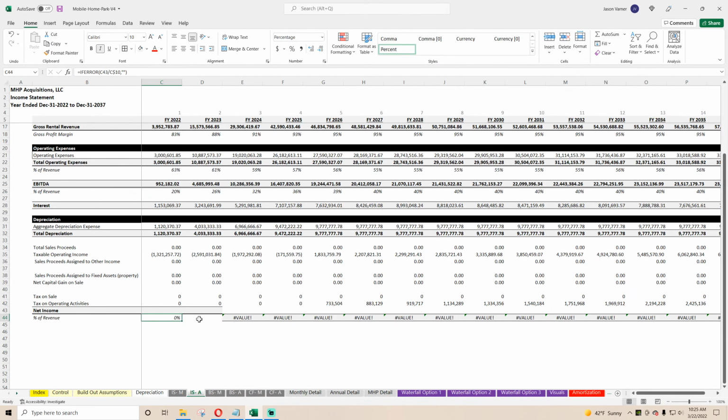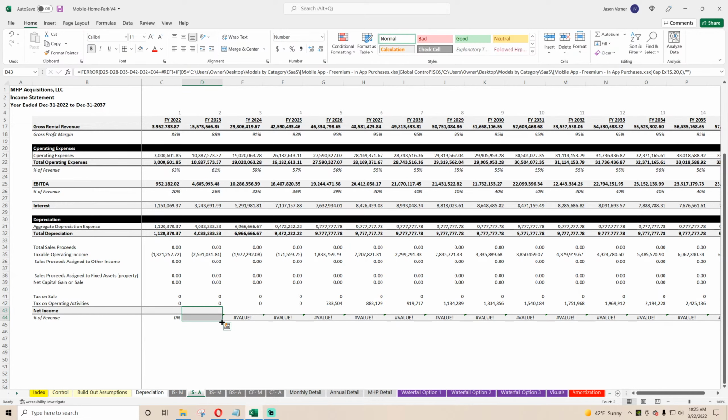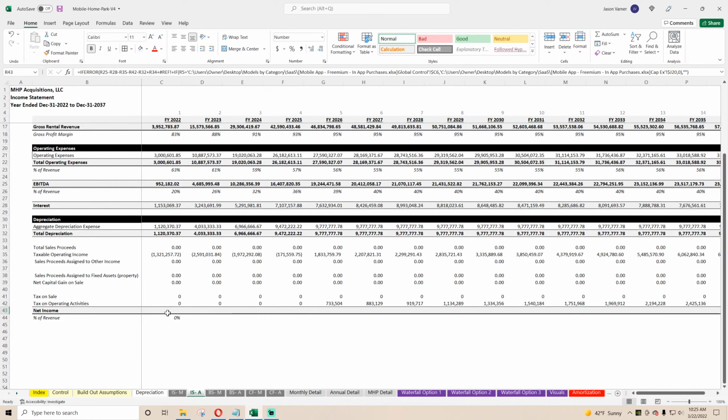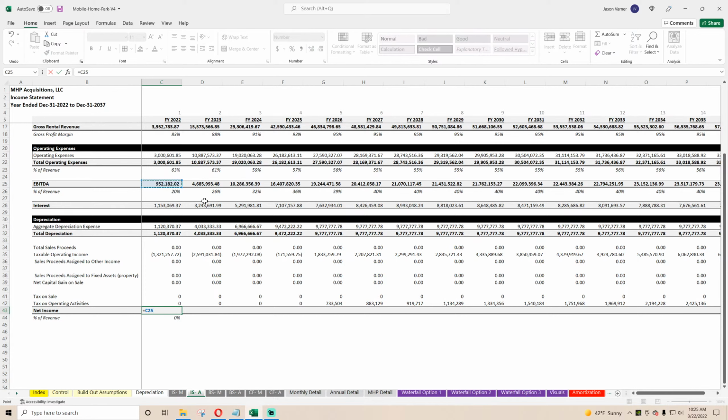Wait a second. Let me just drag this over so I'm not, this is distracting me. All right, so net income, we only want profits. The cash flow will capture all the other stuff. So for profits, we can actually start with taxable operating income plus net gain on sale plus sales proceeds assigned to other income, so that's just profit, minus taxes.